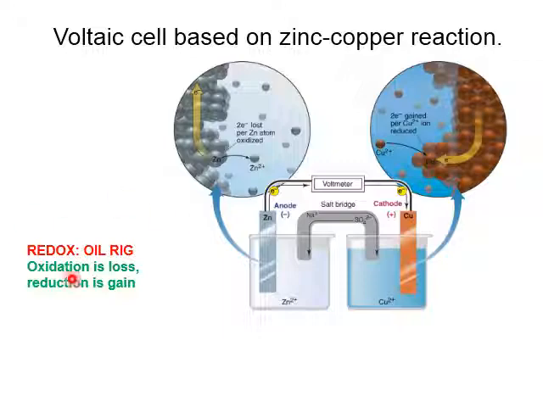It is easy to remember this with OIL RIG for redox: Oxidation Is Loss, Reduction Is Gain. So who gained the electrons and who lost the electrons, you can look here. Zinc lost 2 electrons in order to oxidize, to become Zn2+, while copper gained 2 electrons from the zinc here, to become copper metal. So that's why the color will change here.